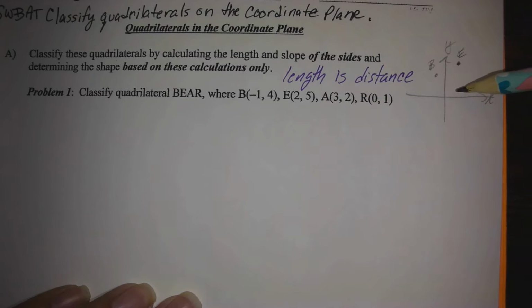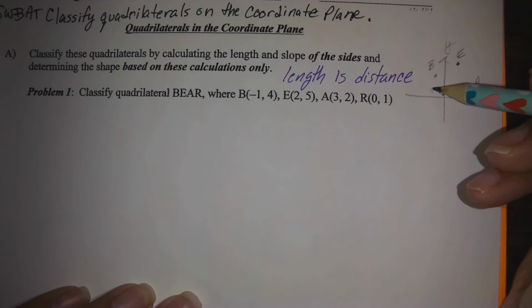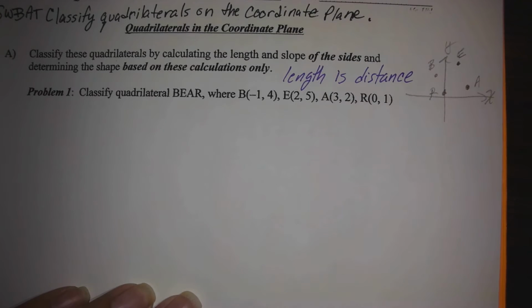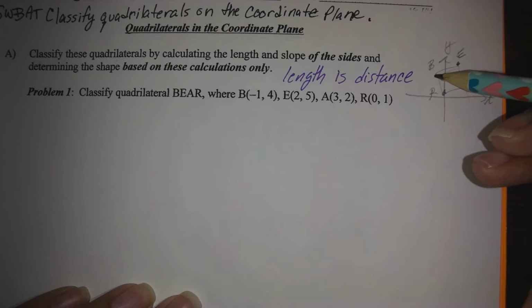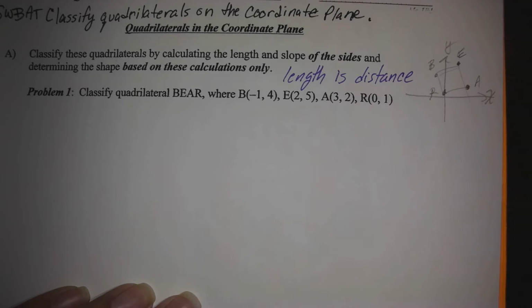A is at 3, 2. And then R is at 0, 1, right about there. It has to sit lower than that one, so there's R. All right, so it looks something like this. This gives us an order of which way we're going to be going.